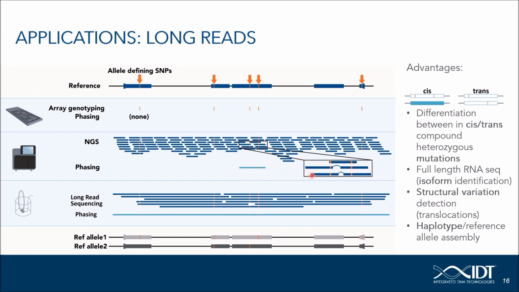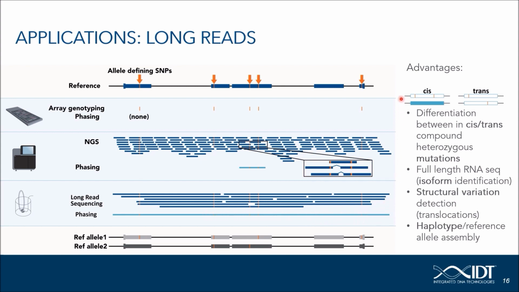This is because the classic short reads only span a few hundred base pairs in length, and the heterozygous SNPs required for phasing back your reference alleles are very rarely located in such close proximity to each other. This is resolved by the long reads of third generation sequencing applications, since these reads have many thousand base pairs in length, more reliably spanning the distance between these allele defining SNPs.